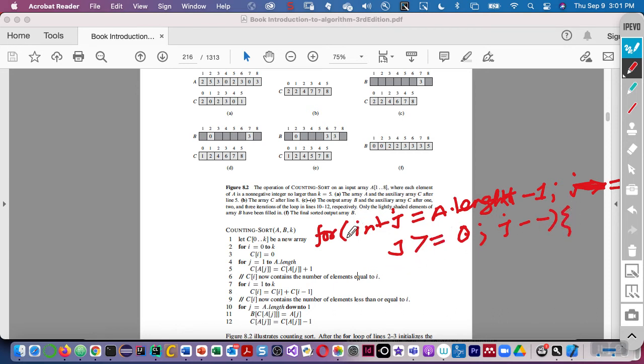What do I need to do over here? There is a tick over here, so the output will be get B, C, A, J.